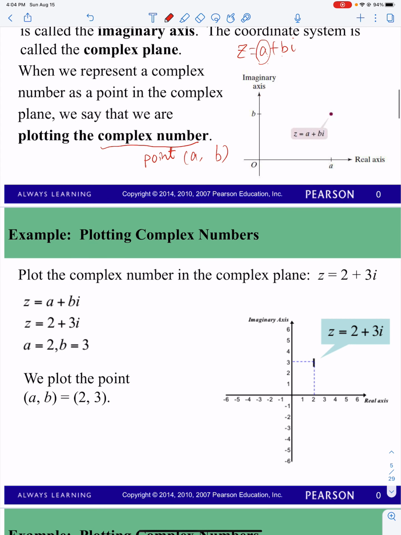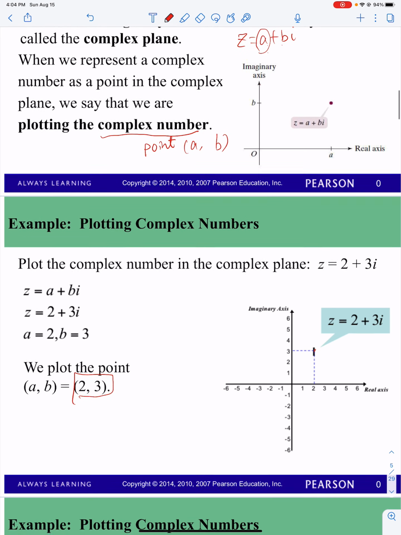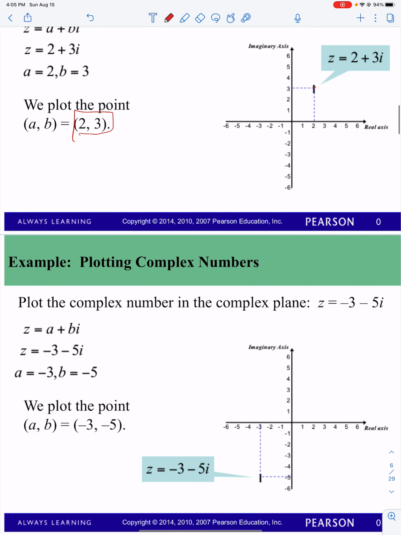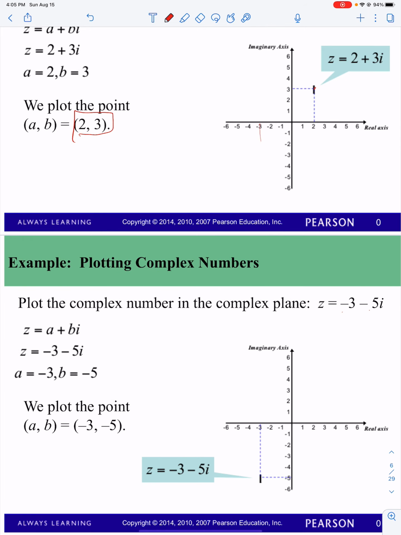So then, we want to plot 2 plus 3i. What will be the point? 2, 3, the same as on the real number line. Similarly, -3, -5. So -3 goes with what? -5 is right here.